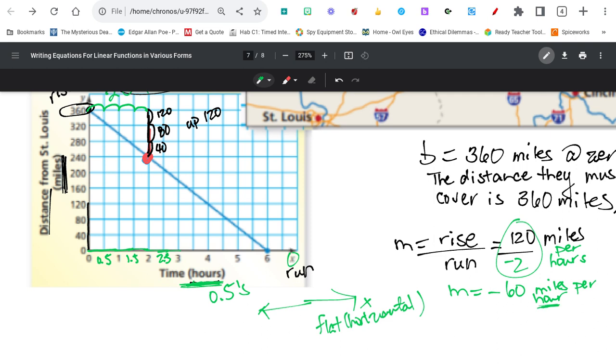That for every hour they go, they decrease their distance by 60 miles. How do I know it's decreased? Because the distance is going down. And I hope that happens. If you got a distance to cover, the longer you drive, I hope you keep cutting your distance down. If not, you're doing something wrong.